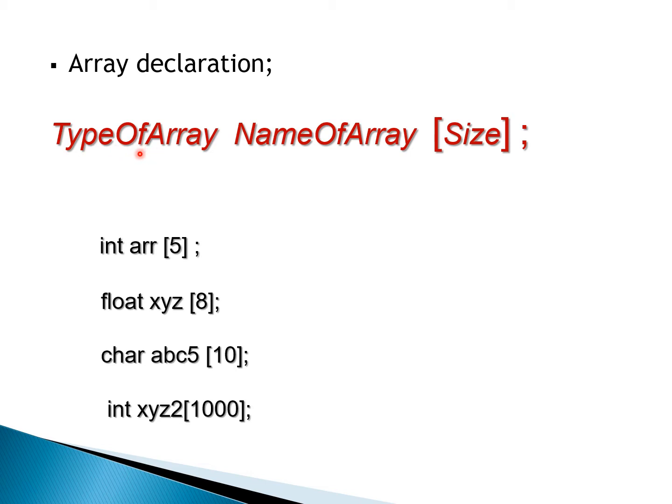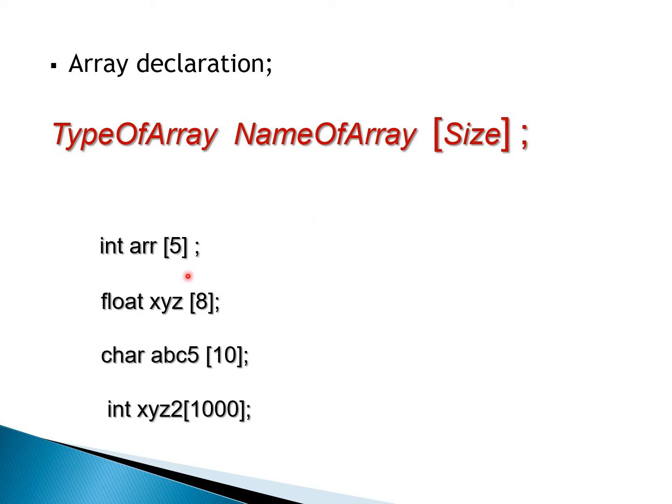We'll discuss them later. Then the name of the array. The rules for names are the same as we discussed for variables and functions. Then brackets, and inside the brackets we need to mention the size of the array, and then a semicolon. That means this array is now declared.